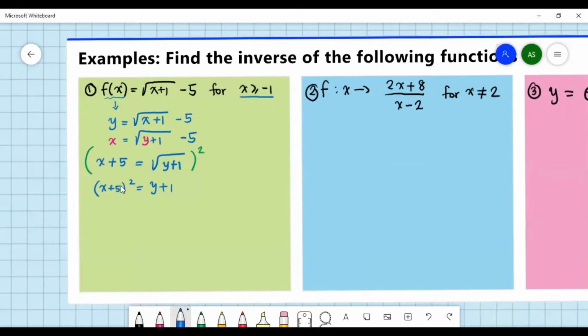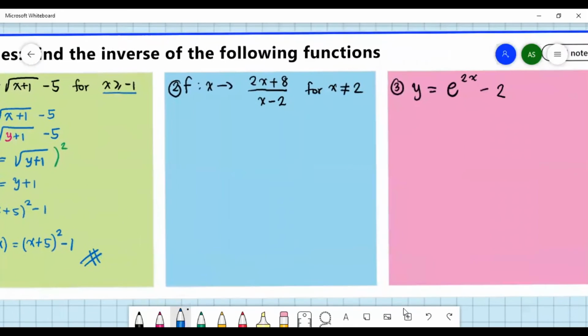So therefore, your y is x plus 5 squared minus 1. That means your f inverse of x is x plus 5 squared minus 1. So this is now the inverse for question number 1.